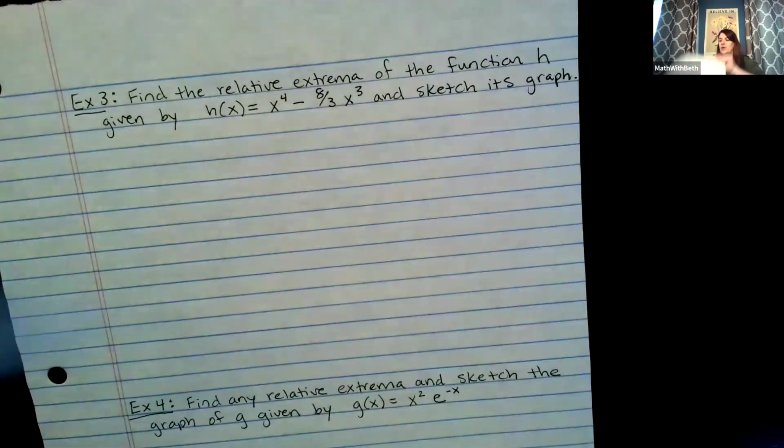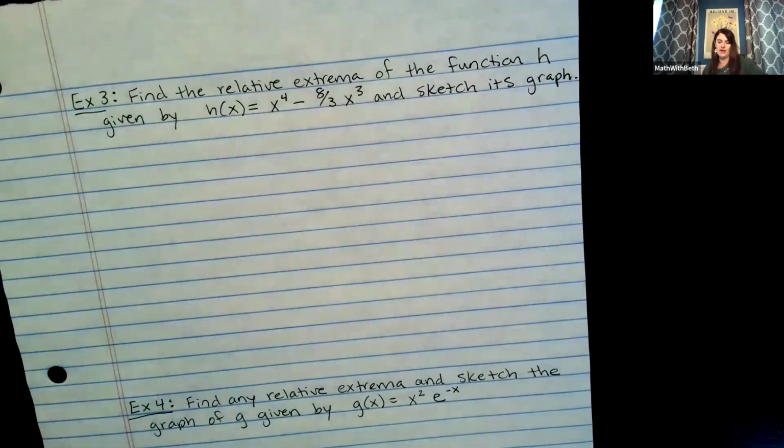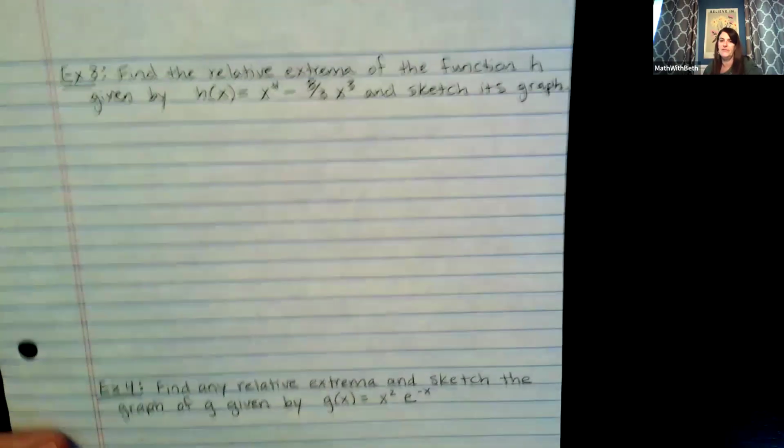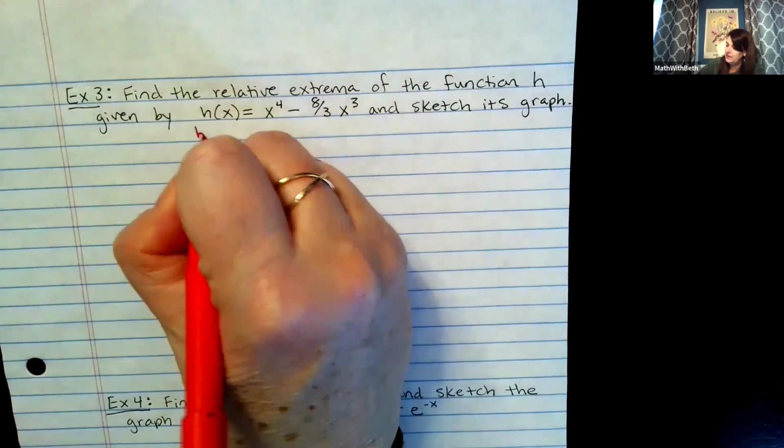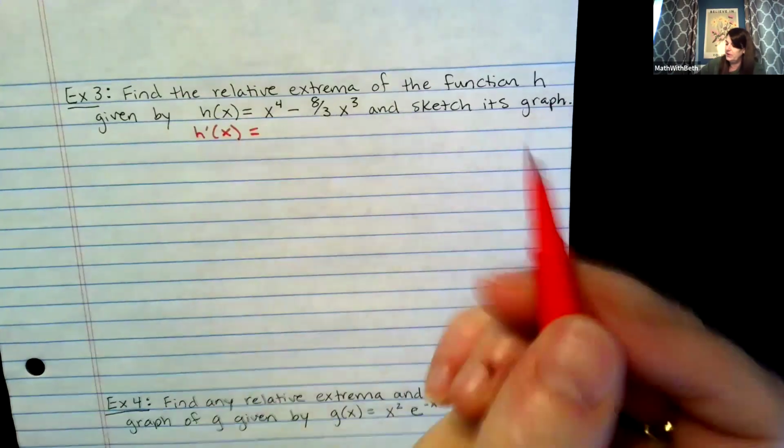So now let's do one where we're going to find out everything and sketch the graph. Okay, so I'm going to start this out the same way. I'm going to first find my derivative and find my critical points.